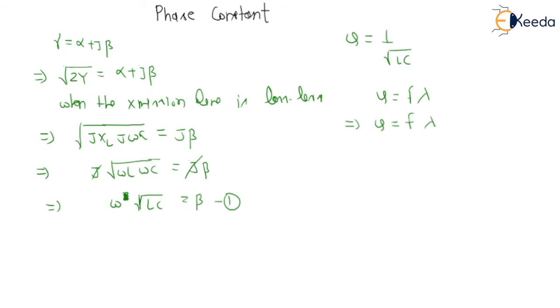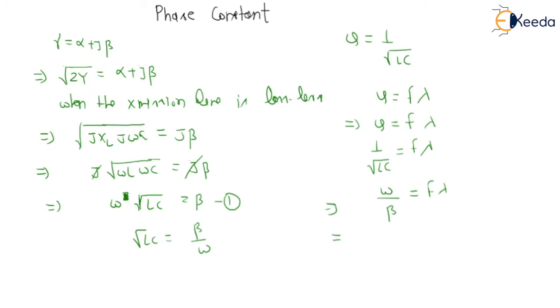So v, which is 1 upon the square root of LC, is equal to f lambda, and we know that the square root of LC we can write from equation 1 as beta upon omega. So putting the value of beta upon omega, omega will be in the numerator, and this will be beta, and this will be f into lambda.